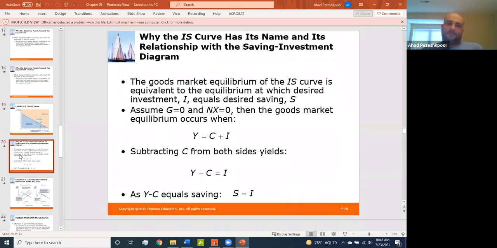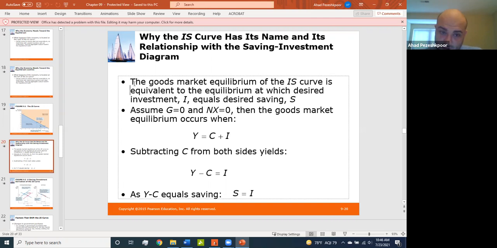Let's move on. Why the IS curve has its name and its relationship with the saving investment diagram. The goods market equilibrium of the IS curve is equivalent to the equilibrium at which the desired investment I equals desired savings.